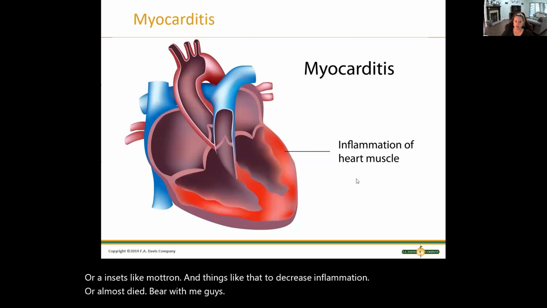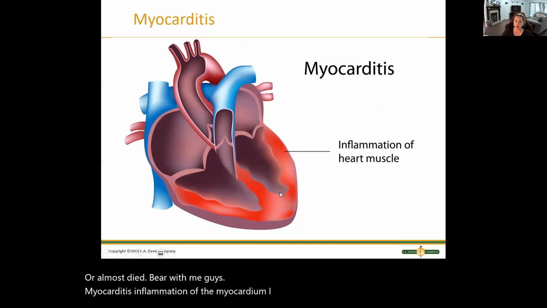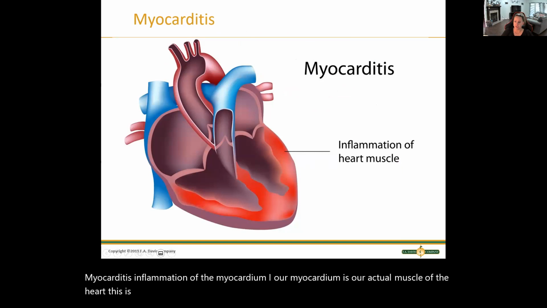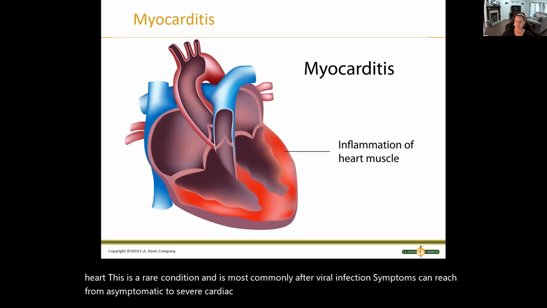Myocarditis: inflammation of the myocardium. Our myocardium is the actual muscle of the heart. This is a rare condition and is most commonly after a viral infection. Symptoms can range from asymptomatic to severe cardiac symptoms, like fever, fatigue, palpitations, chest pain. We're obviously going to treat the cause, like the bacteria. We're going to treat it for infection.